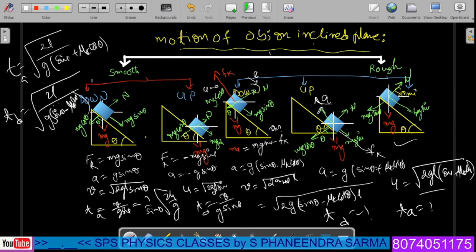So by using these two formulas, one can decide the values of TA and TD. In the examination, they will give you the ratio of TA to TD, and we need to solve the question.